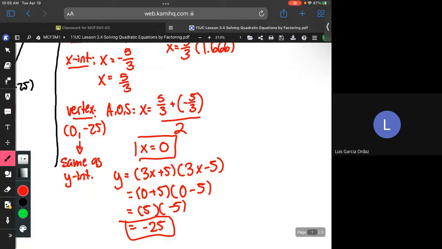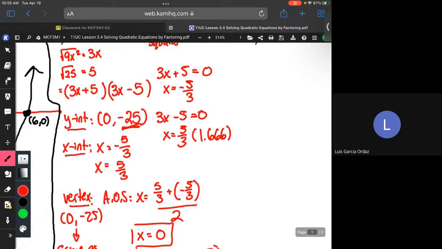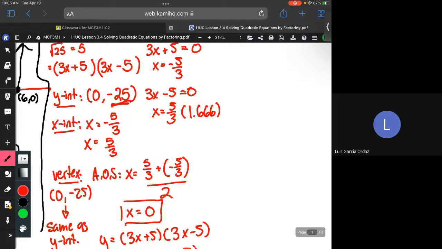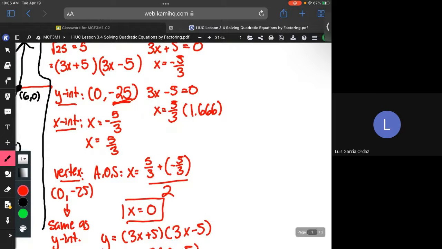Up or down? Okay, so is it going to be a max or a min? So you draw your x-intercepts first, then your vertex, and then connect them all together.